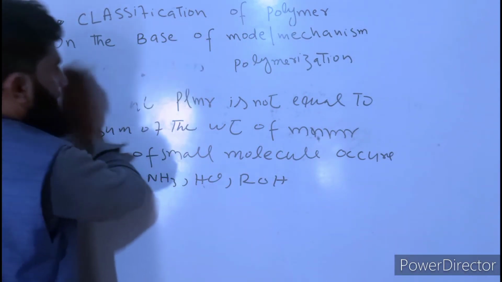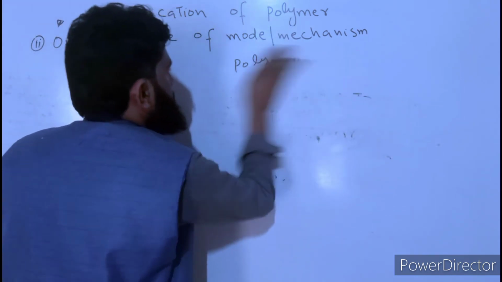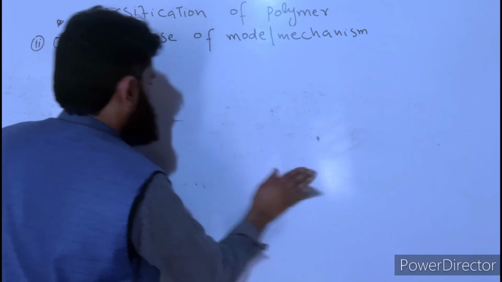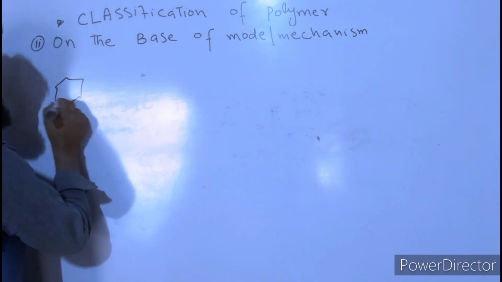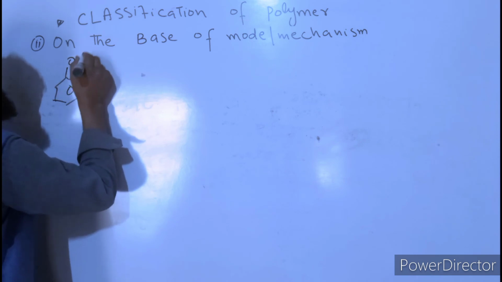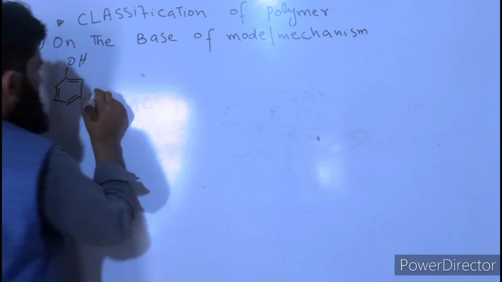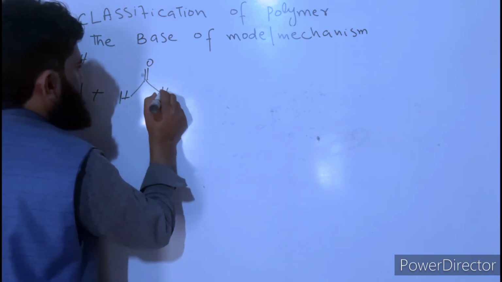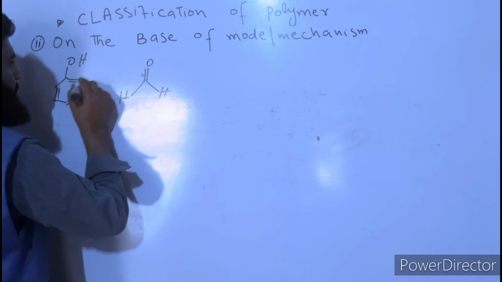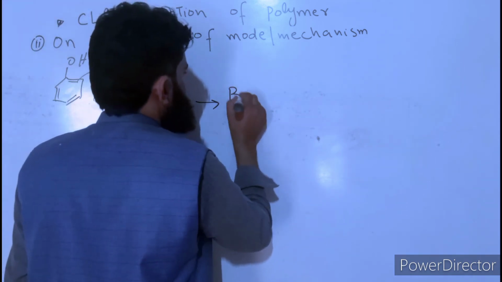I want to explain this with a unique example. For example, this is a phenol. When this reacts with aldehyde in this way, suppose they form bakelite.